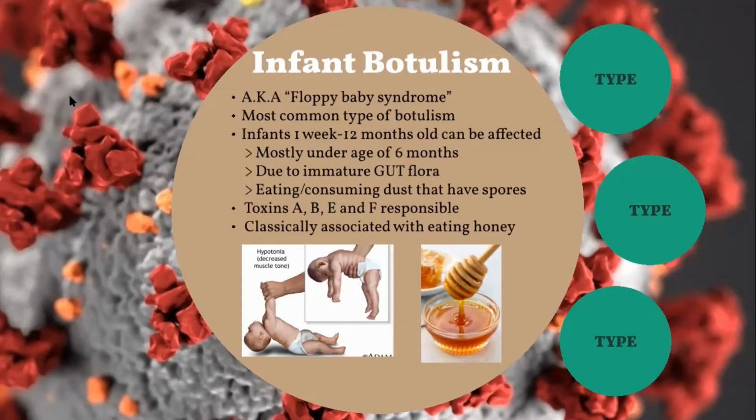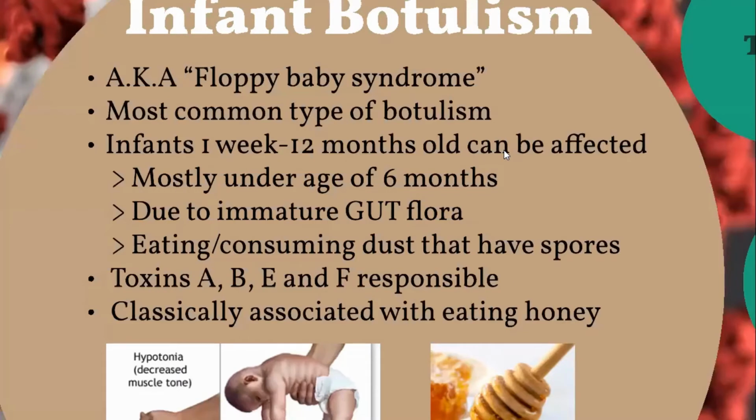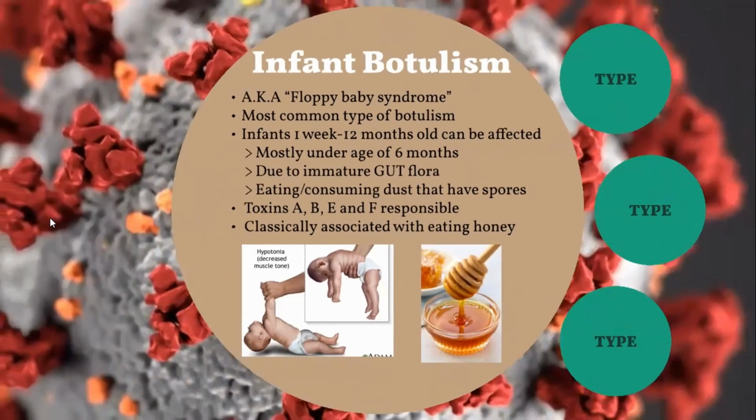So in an infant, since they have an immature gut flora, if they consume foods with Clostridium botulinum, those spores can enter into their intestinal mucosa, flourish, and multiply in the intestinal mucosa and produce toxins A, B, E, and F, which are responsible for infant botulism.